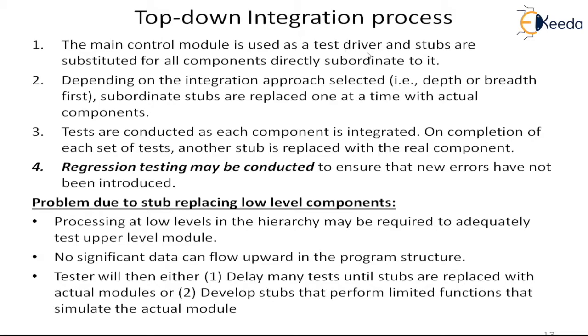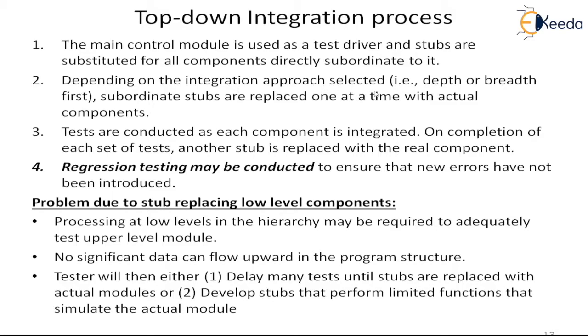Whichever driver we take, either the breadth or the depth, there will always be a driver. So we will look at that driver component. We will take the actual driver component, not the dummy, and we will see how many stubs it needed. So all those stubs will now be replaced by the actual subordinate components.